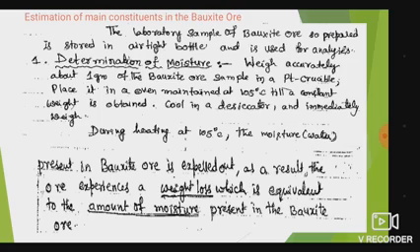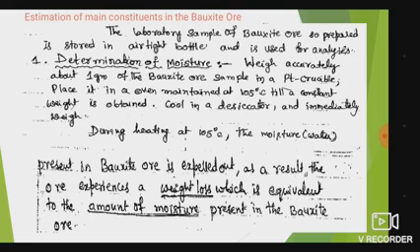Determination of moisture, the first constituent. Weigh accurately about 1 gram of the bauxite ore sample in a platinum crucible. Place it in an oven maintained at 105 degrees Celsius till constant weight is obtained. Cool in a desiccator and immediately weigh.